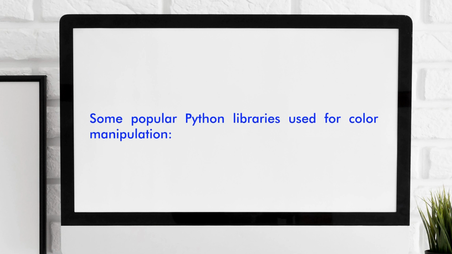Here are some popular Python libraries used for color manipulation: OpenCV, that is the Open Source Computer Vision Library; Pillow, the Python Imaging Library, or PIL; Scikit-Image, NumPy, Matplotlib, ColorMath, ColorSys, Seaborn and Pandas. When working on color manipulation tasks, it is common to use a combination of these libraries to achieve various effects and perform complex operations.